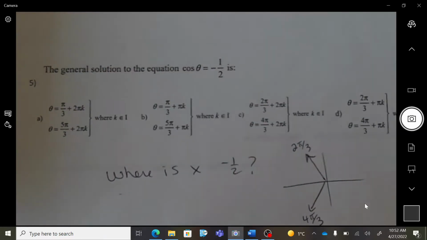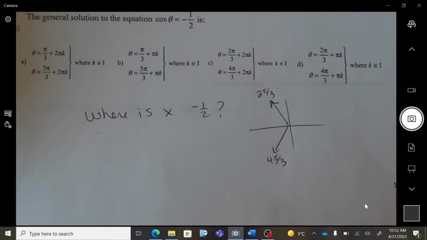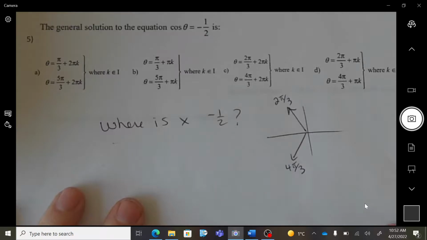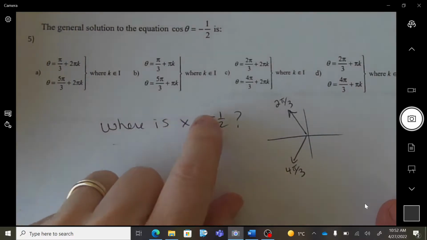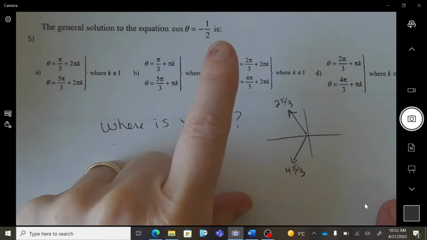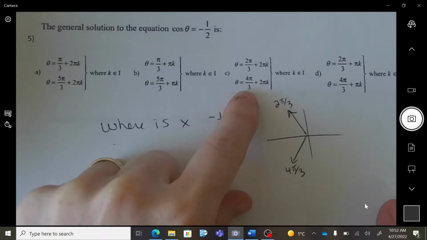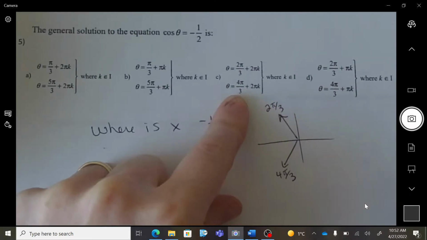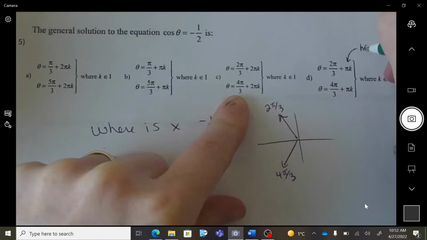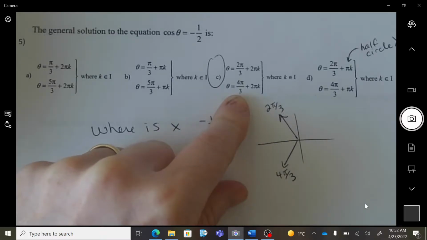So that's what I'm looking at on my unit circle. So which answer will work for that? We're going to go with this one. Okay, the difference is this is half circle, which is not going to work. So the answer is C.